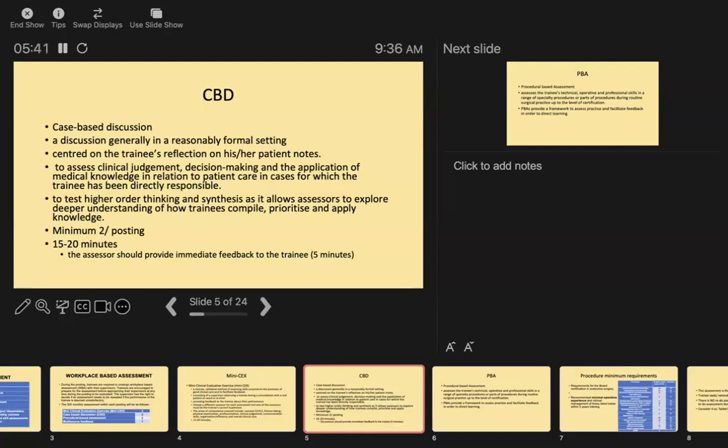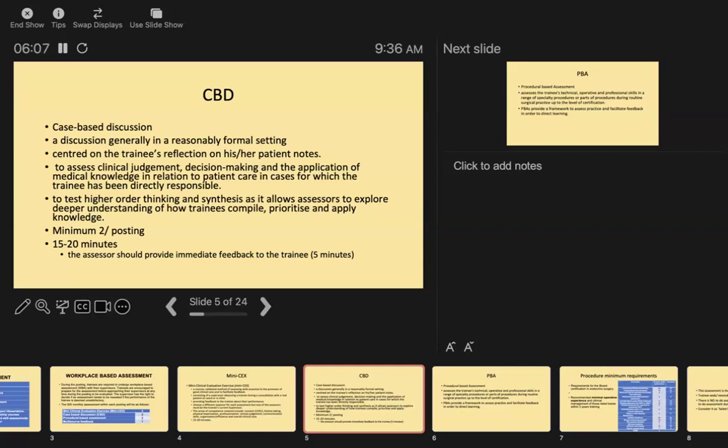Because we have to assess clinical judgment, decision making, and the application of medical knowledge in relation to patient care in cases for which the trainee has been directly responsible. We want to see this and to test higher order thinking and synthesis, and allow assessors to explore deeper understanding of how clinicians compile, prioritize, and apply knowledge.